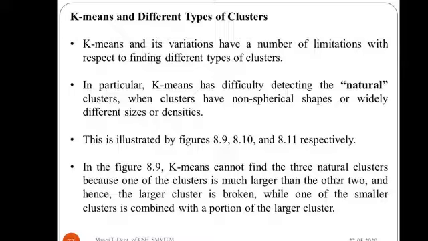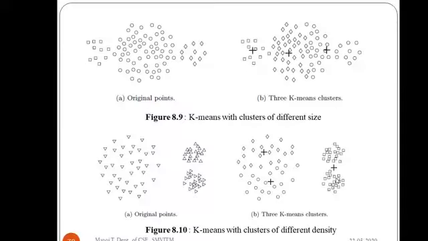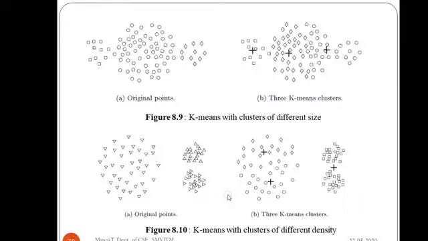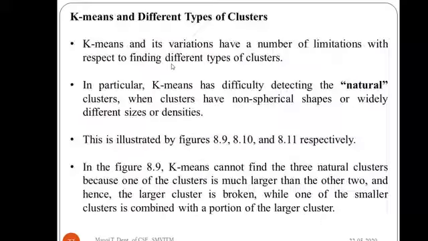In 8.9, you are having a large cluster embedded between two small clusters. That is, k-means cannot find the three natural clusters because one cluster, which is much larger than the other two, is sandwiched between the two smaller clusters.